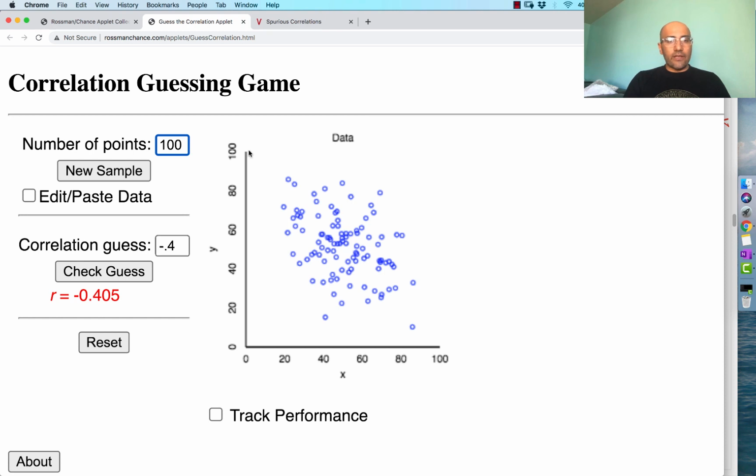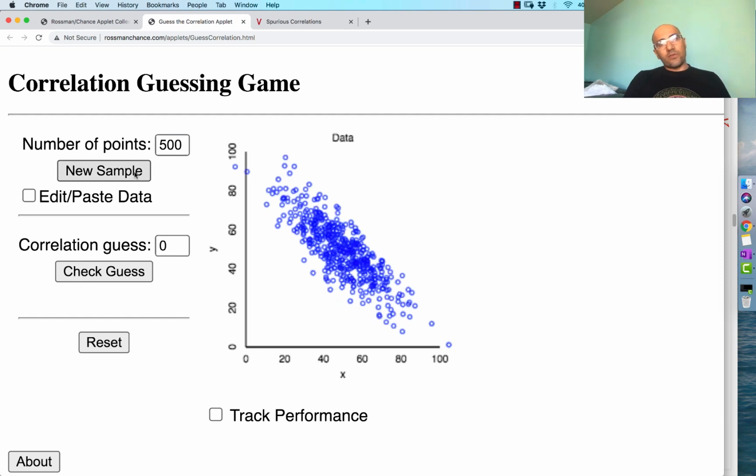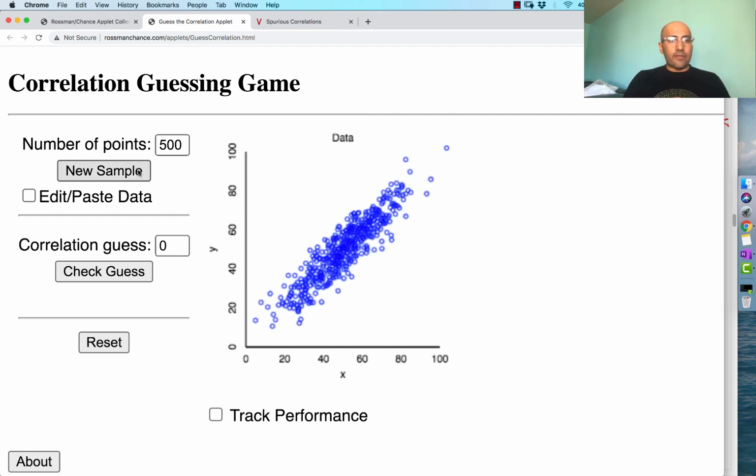You can also change the number of points. Here I just randomly picked 100, but we can make it bigger. How about 500 points? See, we have a lot more points, and that seems to be a very strong relationship this way, right? So negative, let's make it negative 0.8. Negative 0.82. See, I'm getting better at this.